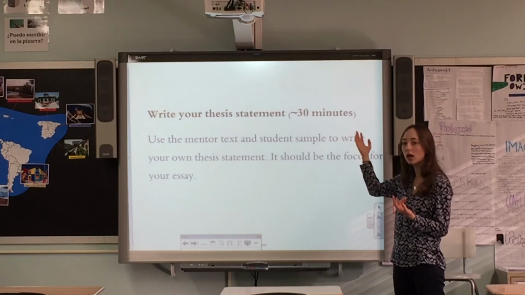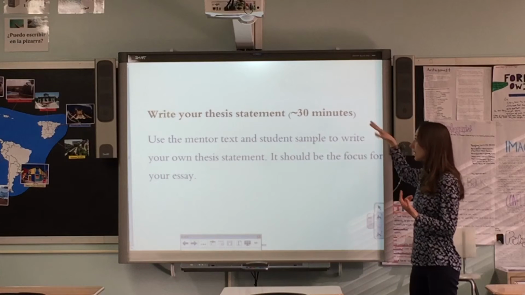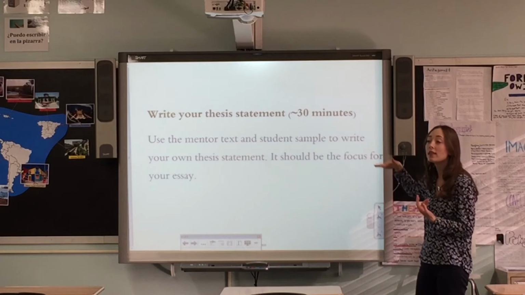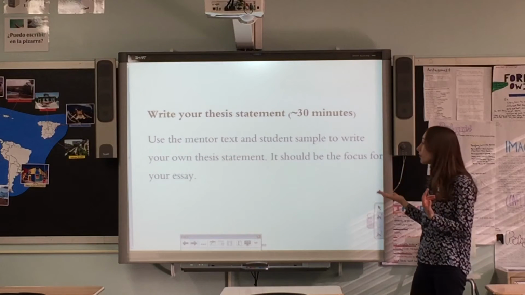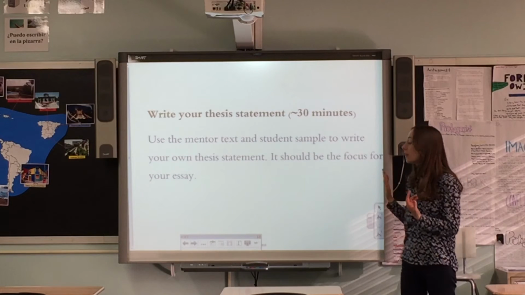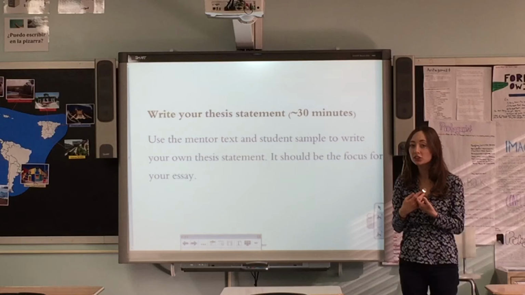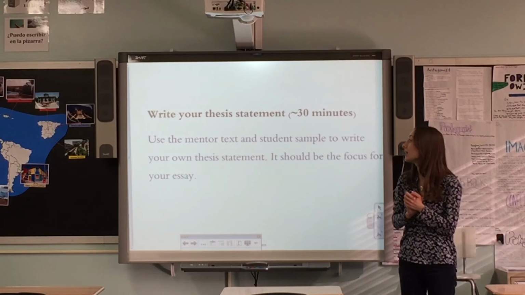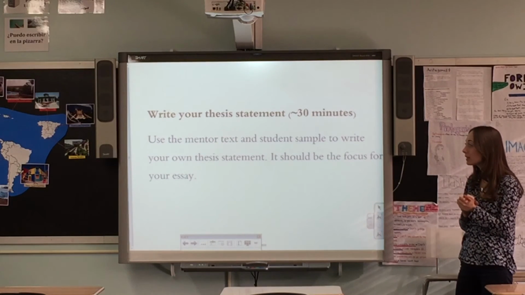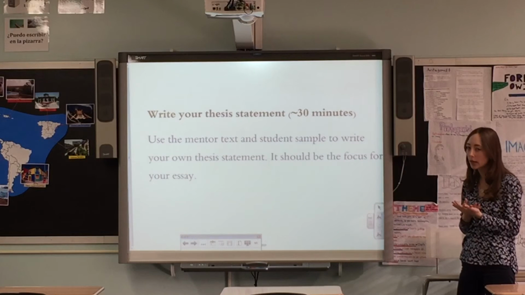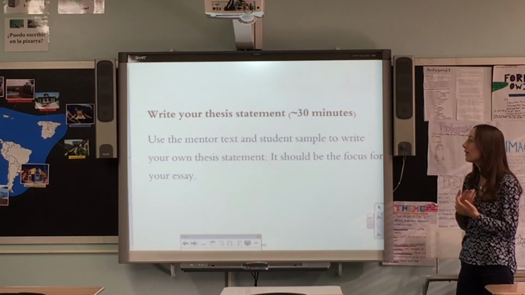I think 30 minutes is a lot of time, but that's okay because if they finish early, then they can share. After the lesson, they're going to get into groups. I think the best way to do this is pair and share with a partner, and together they will read their thesis statements, and the partner will know what the rest of the paper is about so they can give them an idea of whether this is a strong thesis statement or not.